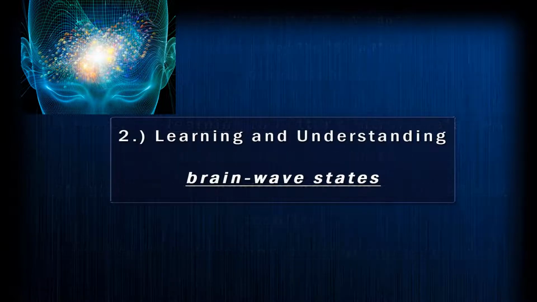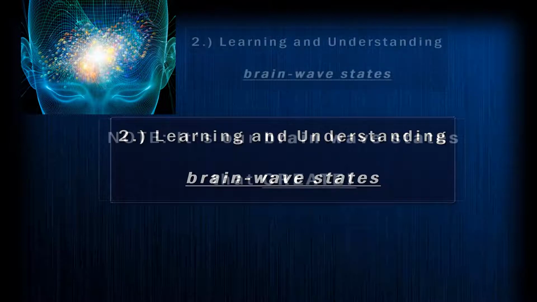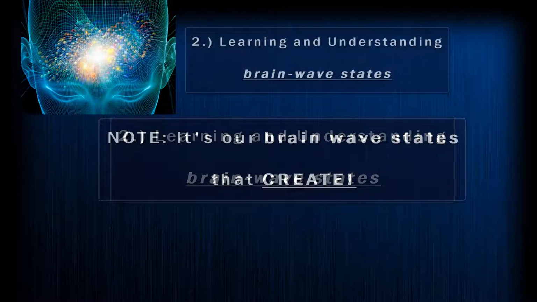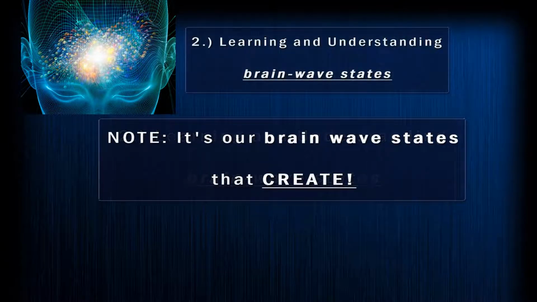Part two is learning and understanding brainwave states. That's the title of the second part, and this is actually pretty simple. We're using different brainwave states to create for our lives. Now, this is the most important note and key point within this whole presentation.